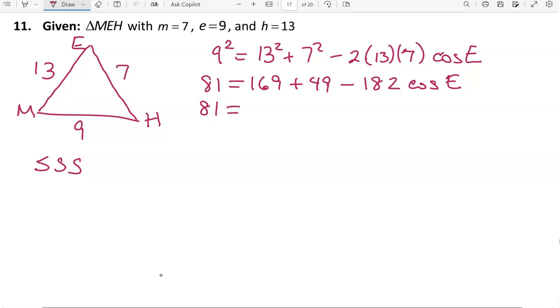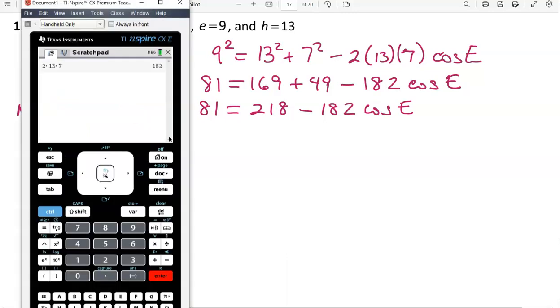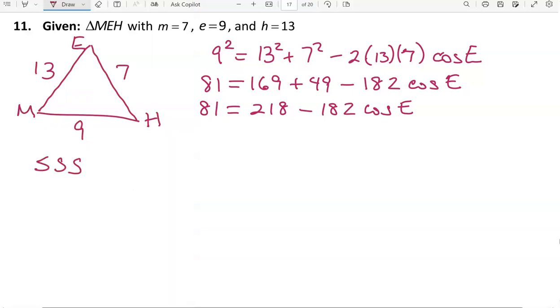So 81 is equal to 218 minus 182 cosine of angle E. Be careful that you don't subtract 218 minus 182 because the 182 needs to multiply cosine of angle E. So we'll have to solve by subtracting 218 from both sides. 81 minus 218 is negative 137.